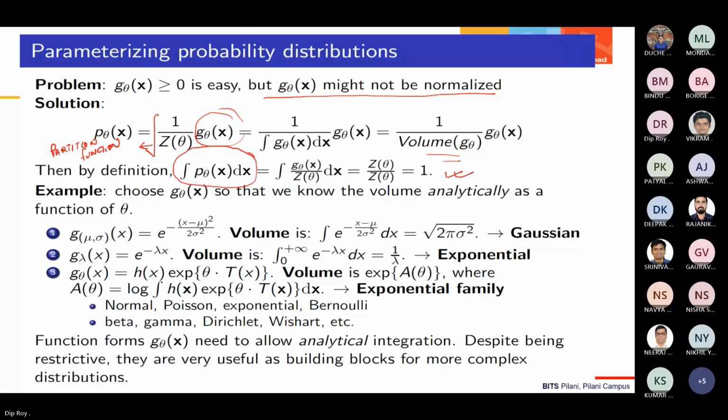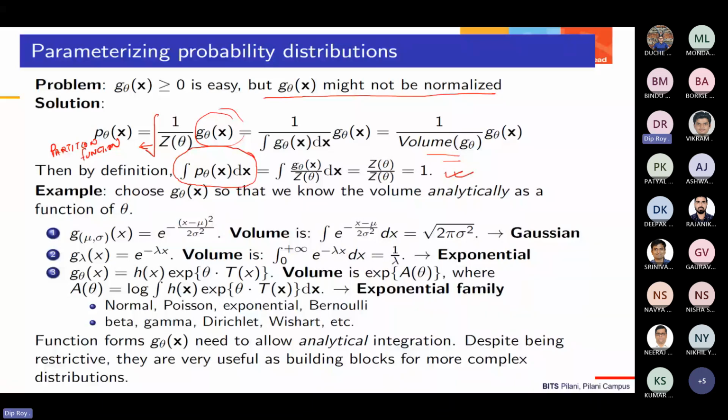Okay. Now, the question is, from our statistics, we have talked about closed form solutions, uniform and all those particular things, right?